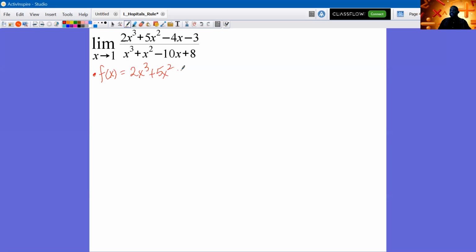So I'm naming my functions. So there's a differentiability condition.